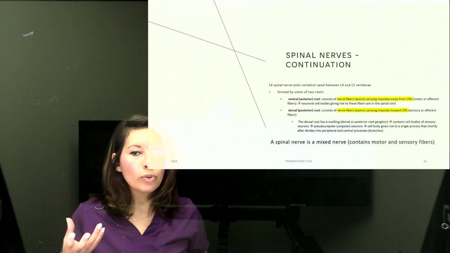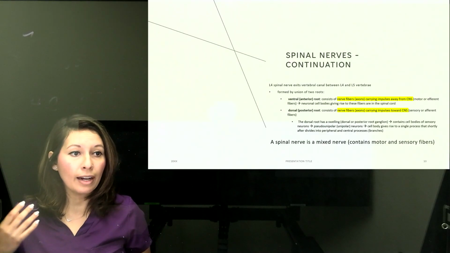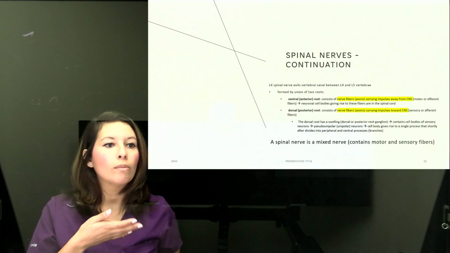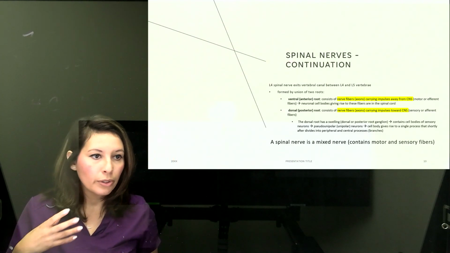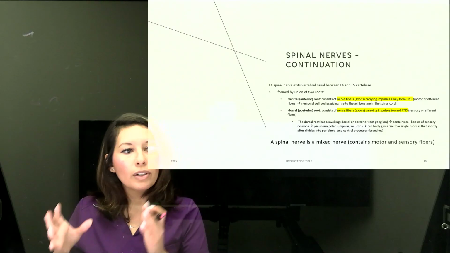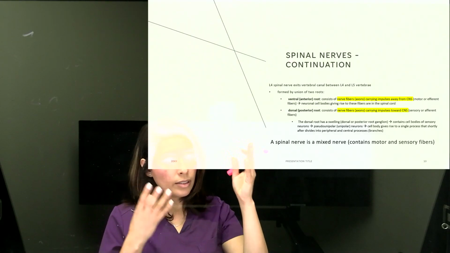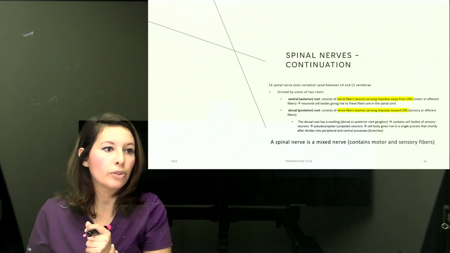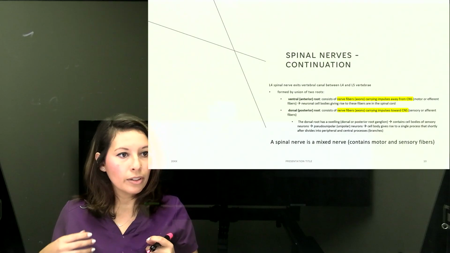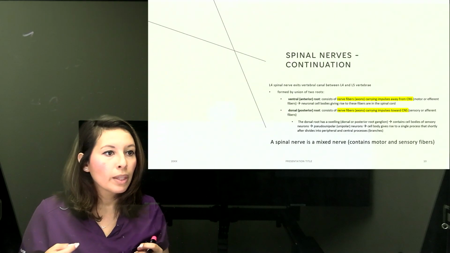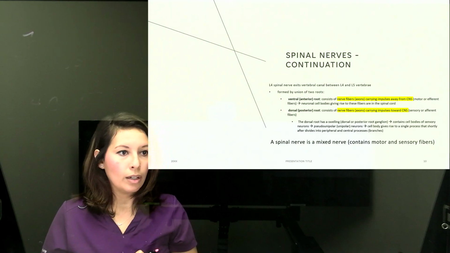Typically, the ventral roots are nerve fibers that carry impulses away from the CNS. And then the dorsal root or posterior roots are going to be nerve fibers that carry impulses towards the central nervous system. So that's a major distinction there. In other words, your ventral roots are going to be carrying impulses that are what we call efferent fibers or motor fibers.